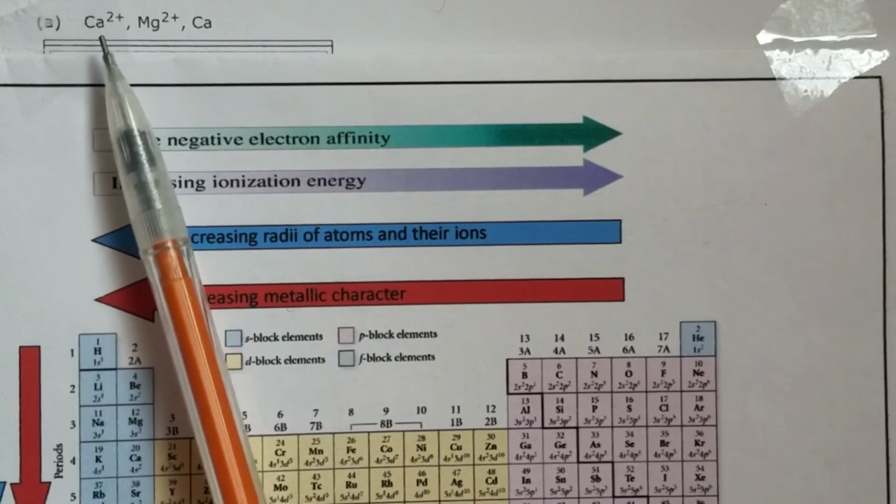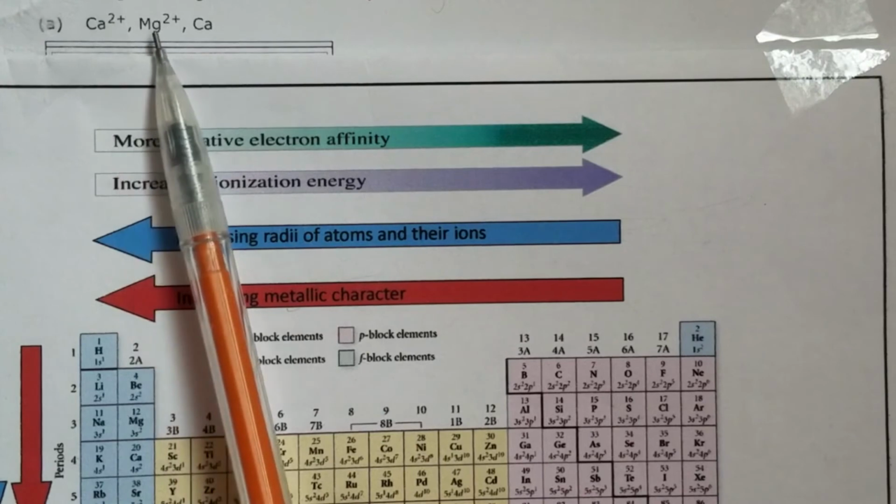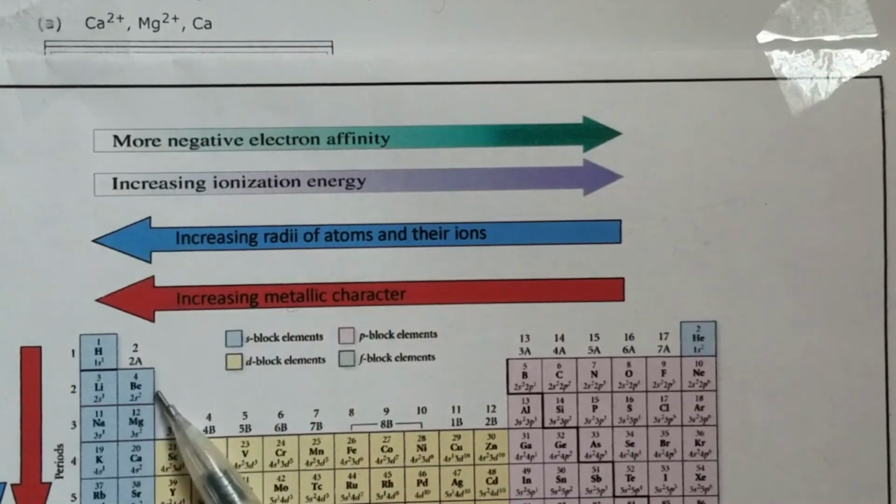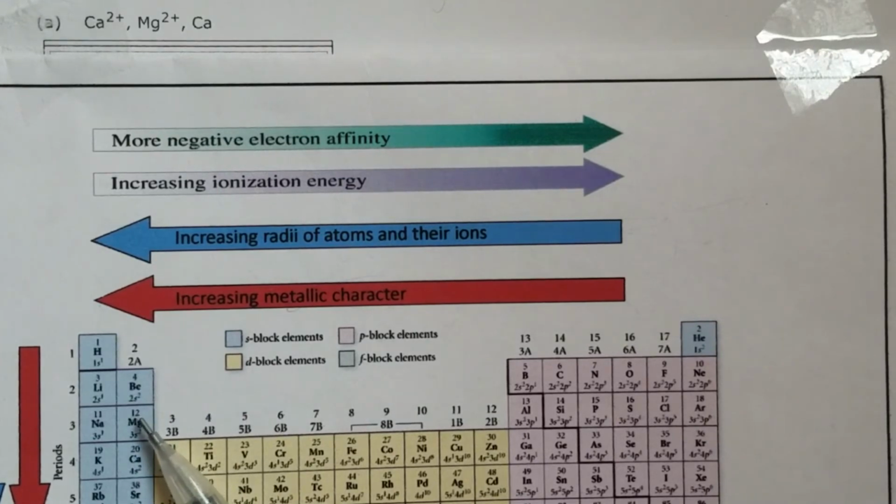In the question, we have calcium and magnesium. Calcium is right here. Magnesium is above calcium, which means the calcium size should be larger than magnesium.